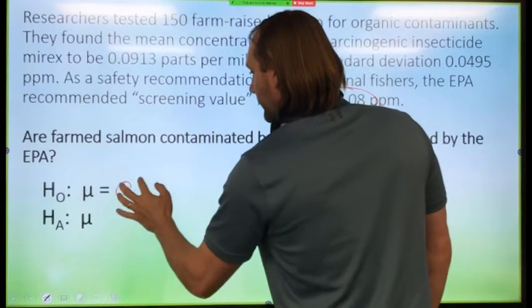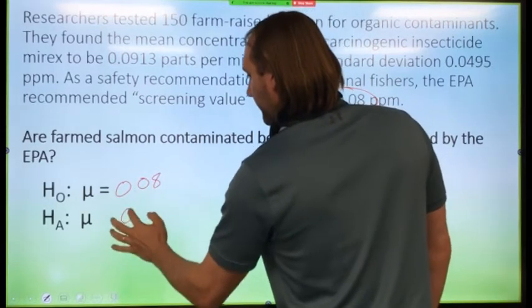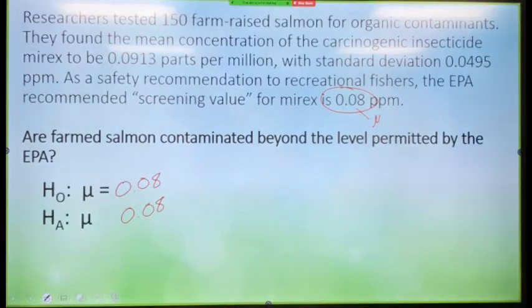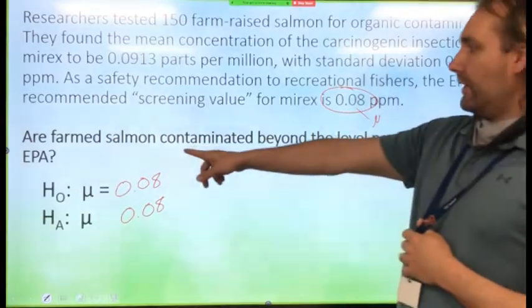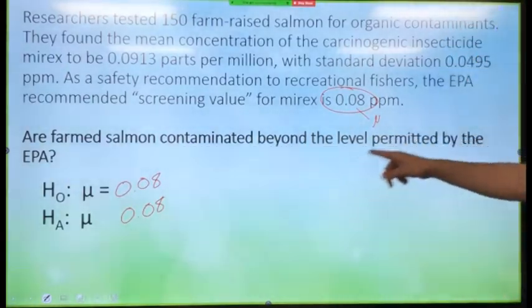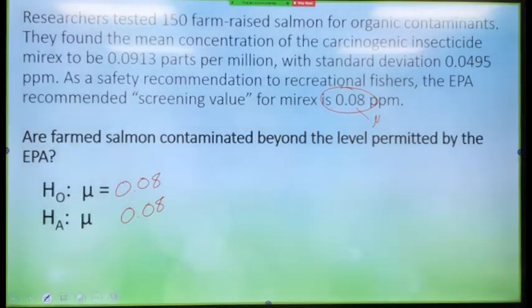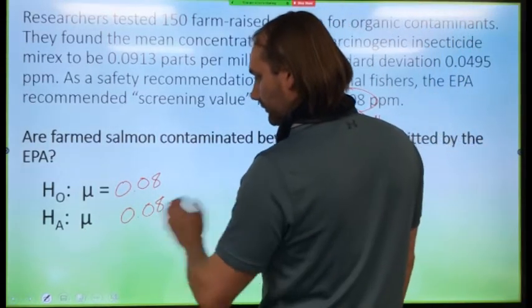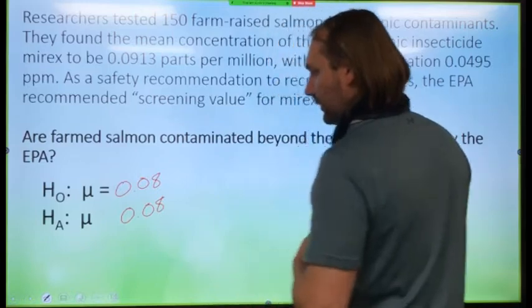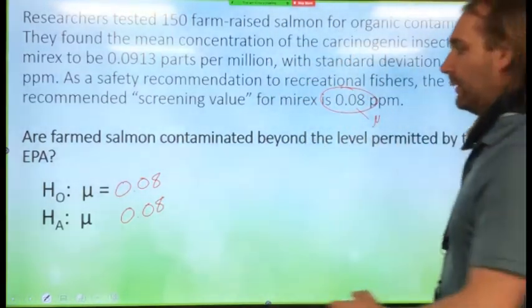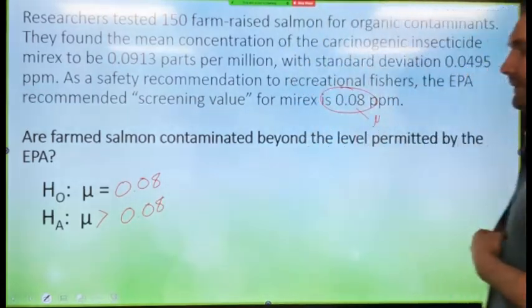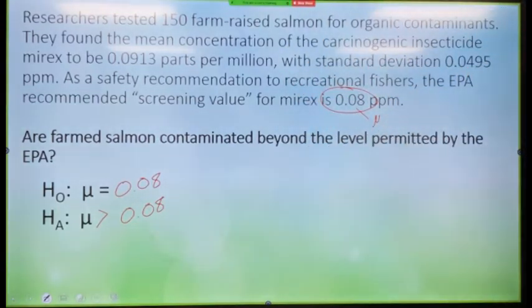So it should be equal to 0.08. And now for my alternative, do I want that to be more or less? Our farm salmon contaminate beyond the level permitted. So what do I put, not equal, greater than, or less than? Greater than. I'm saying my mean is going to be greater than this value, right? Beyond it. So we're going to use the greater than symbol.